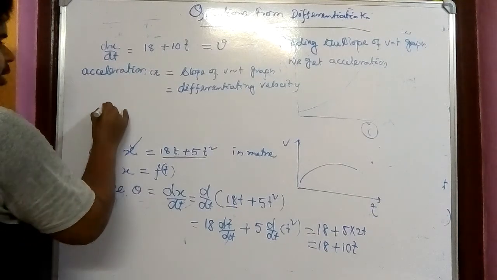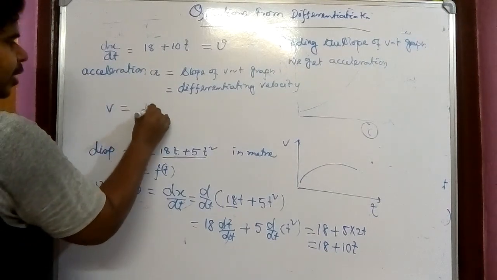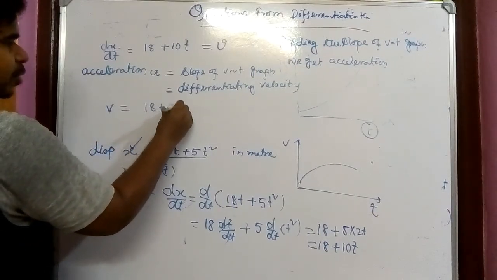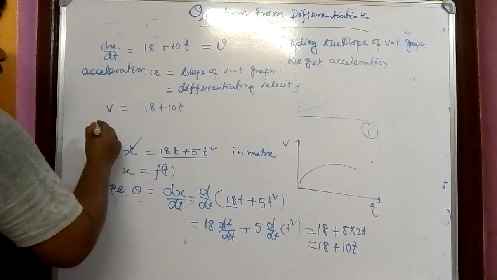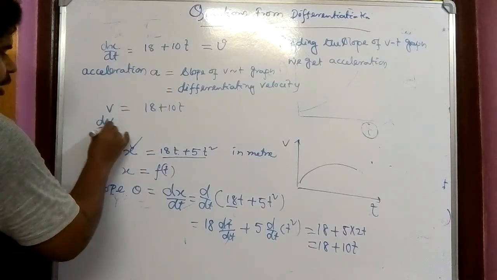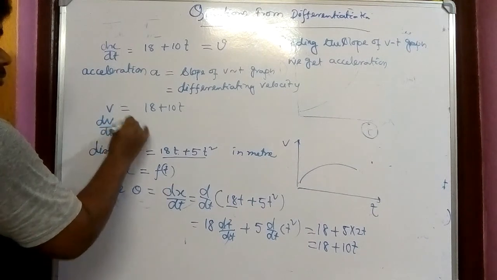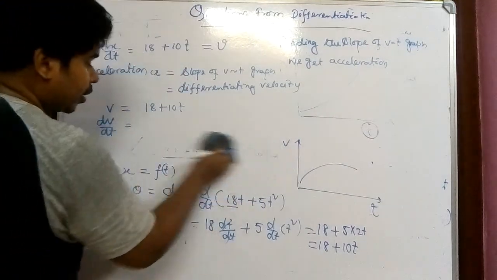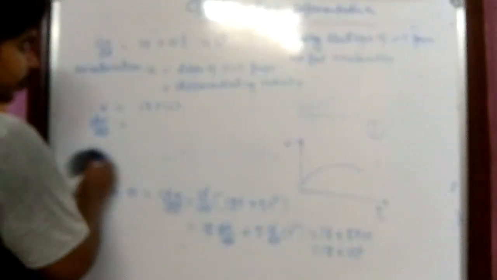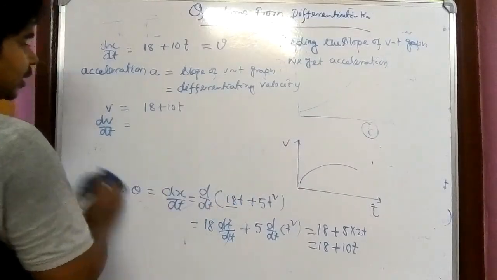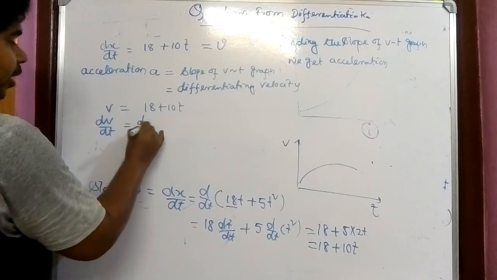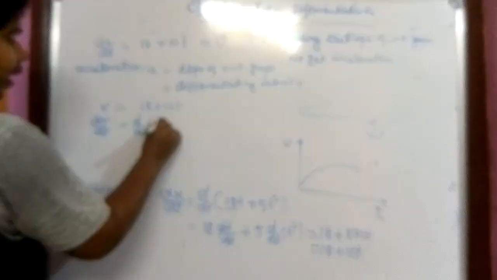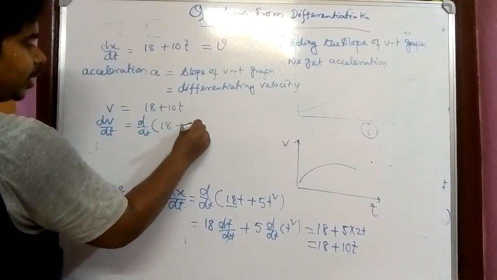Okay, so velocity v equals 18 plus 10t as per our previous question. So differentiation will be dv by dt now, because differentiation of velocity with respect to time, because time is along the x-axis. So it is very easy, d/dt of 18 plus 10t.